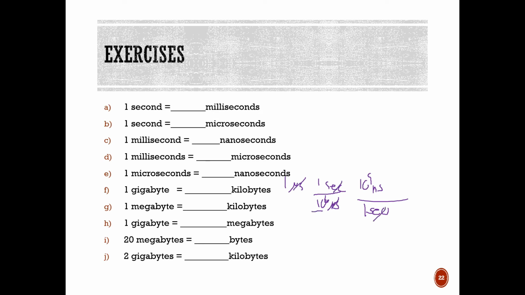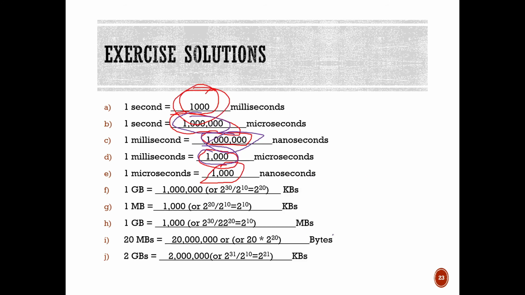We are left with 10 to the 9th nanoseconds on the top and 10 to the 6th on the bottom. That leaves us with 1,000 nanoseconds after we divide. There we go, 1,000 right here.